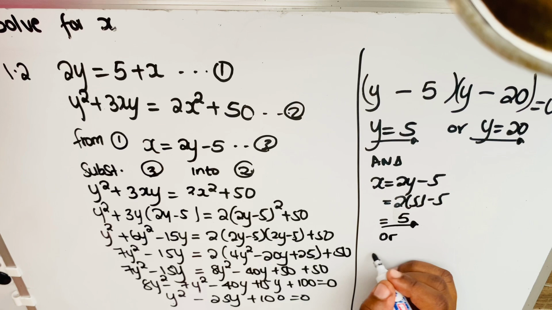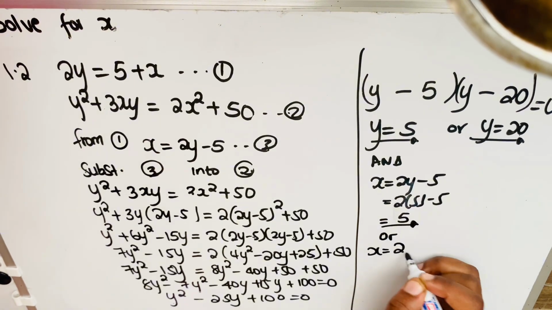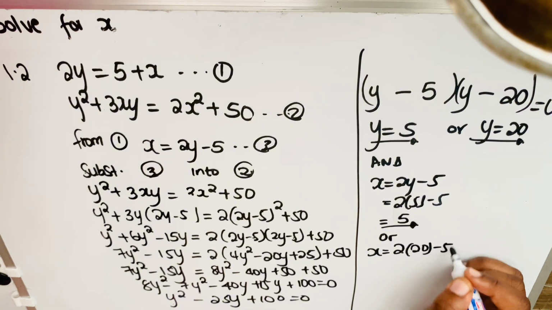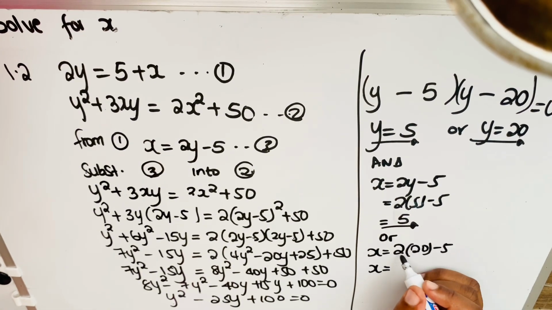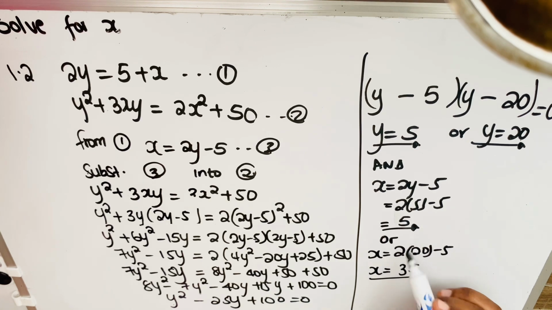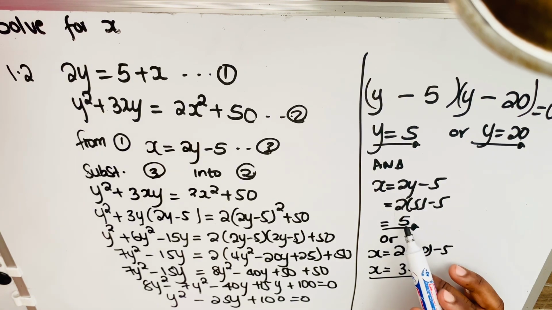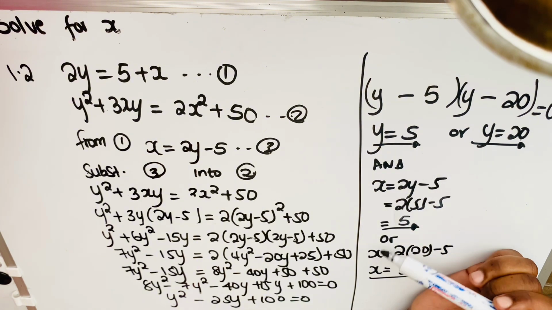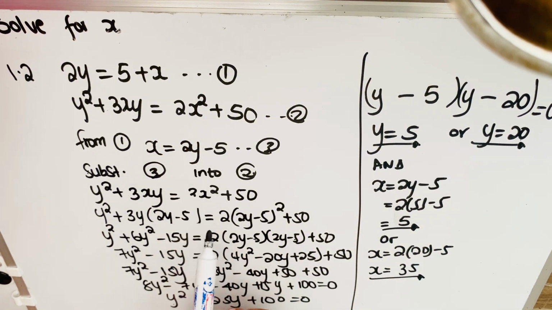Or again, x is equal to 2 into 20 minus 5. x is equal to 40 minus 5, which is 35. You have two values of x, which are 35 and 5. Values of y are 5 and 20. Yes, there will be two of them as you had a quadratic equation.